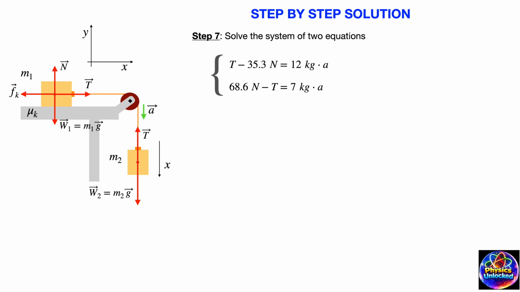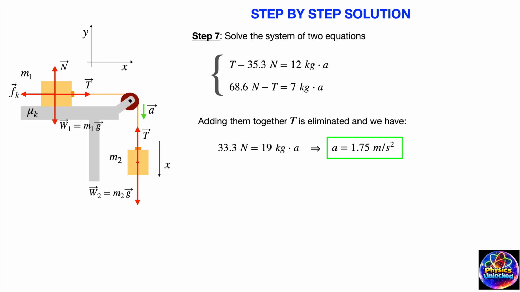So in step number 7, we solve the system of the two equations. They are written here. Now, if we add them together, we note that T is eliminated, and therefore we have that basically 33.3 newtons equals 19 kilograms times a. So the acceleration is 1.75 meters per second squared.